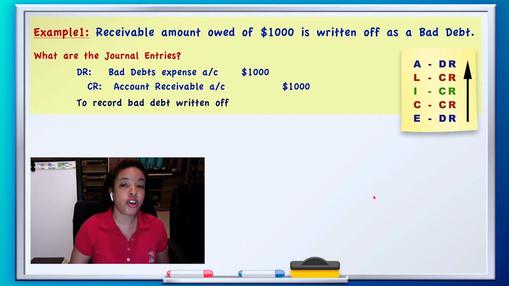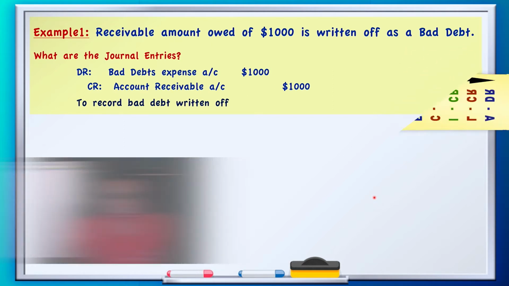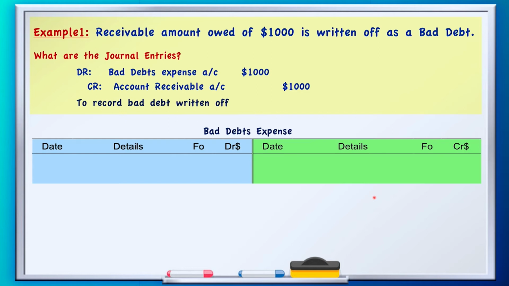If you remember your accounting cycle, then you would remember that you go to the posting to ledger or the T accounts. So the 2 T accounts that we are going to do would be your bad debts and your accounts receivable. So we are going to start with the bad debts account. Remember, bad debts is an expense.